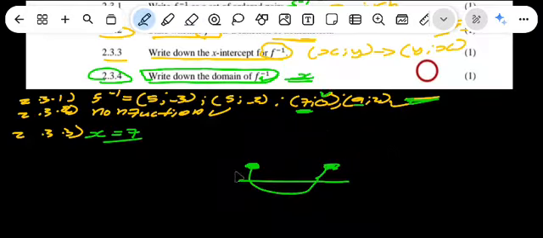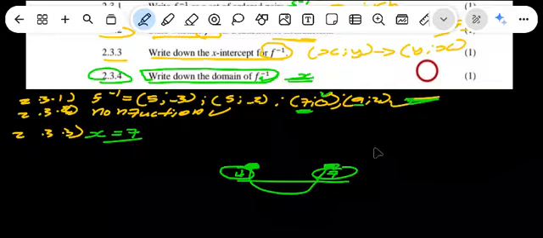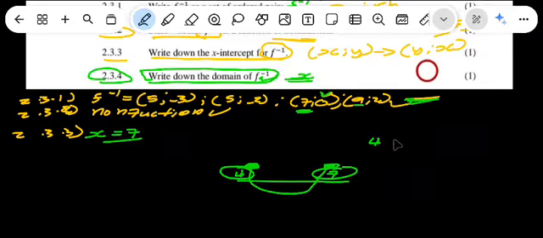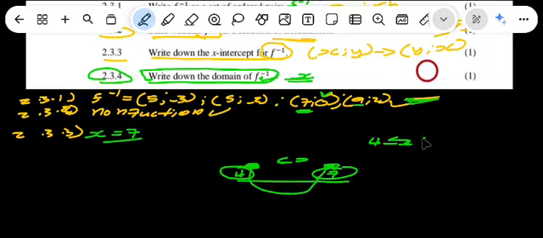So let's say here we have 4, here I have 7. What will be the domain? The graph starts here, the value of x starts at 4 and then it ends where? At 7. That means our domain will be where our x value is greater than or equal to 4 and less than or equal to 7.